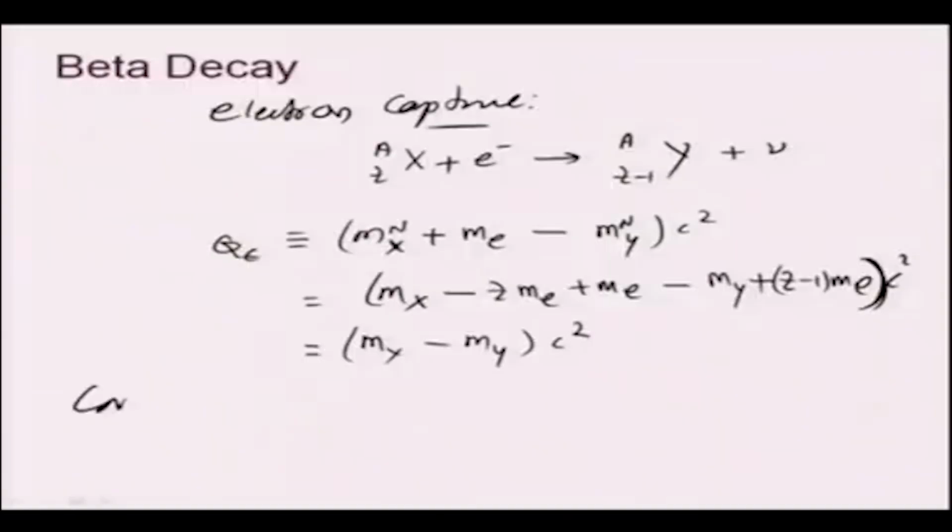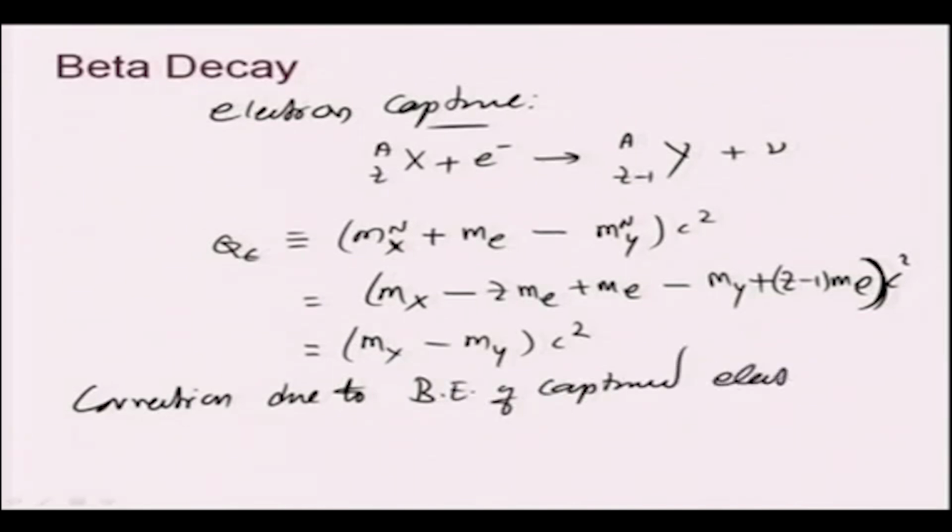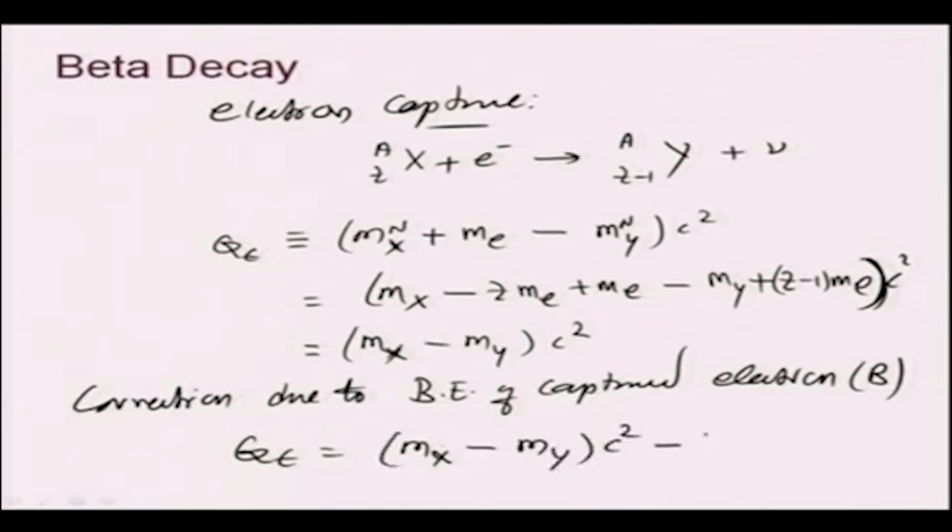So, the Q factor will have to be corrected, due to the binding energy of the captured electron. Let me call it B. It is then Q epsilon equal to (mx minus my)c² minus the binding energy.